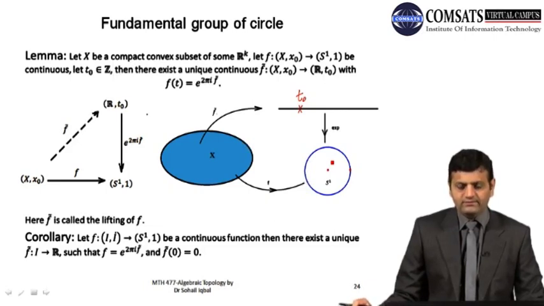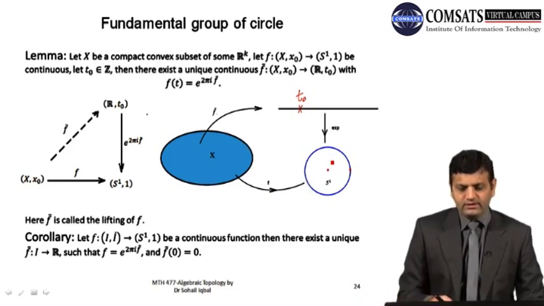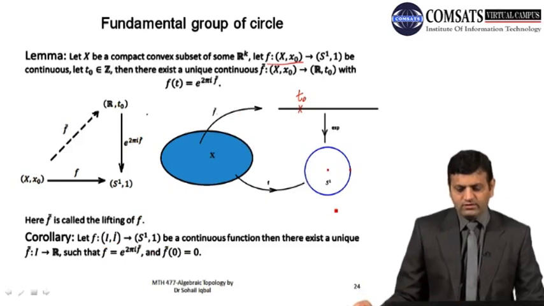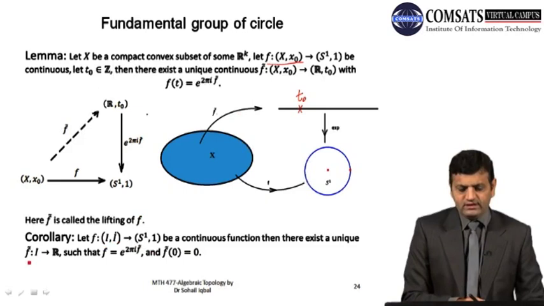to calculate the winding number of f. In particular, X is a compact convex subset of R^k, so if we replace X with I, and f is a continuous function from I to S1, then there exists a unique f tilde from I to R such that this holds.